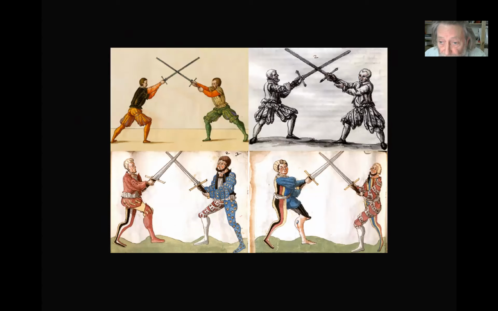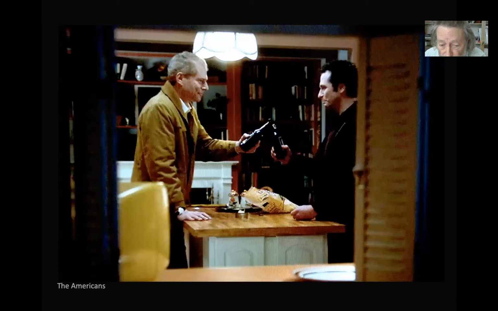This isn't necessarily professional or competitional fencing. It's real sword fights. Now, in the television show The Americans, on the right, we meet Philip, who is a Soviet spy living as a mole in 1980s Washington, D.C. And suddenly a new family moves in next door. And we meet the guy on the left. That guy is an FBI agent whose job it is to look for Soviet spies.